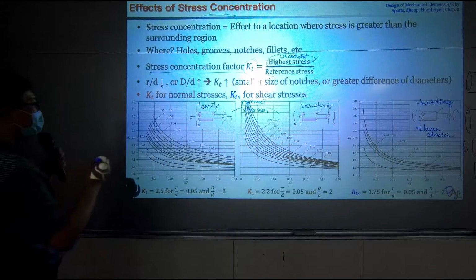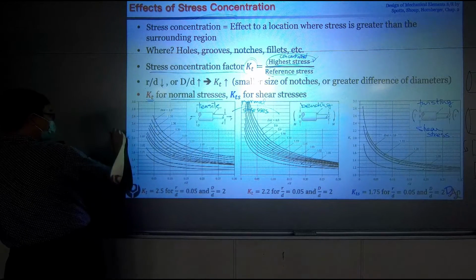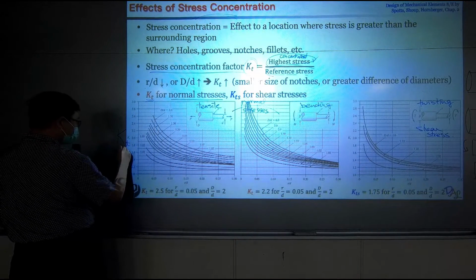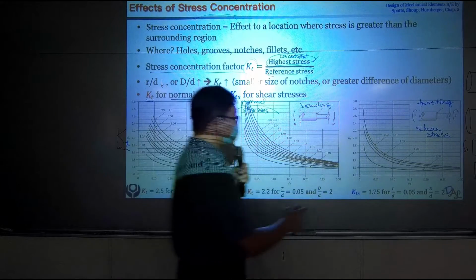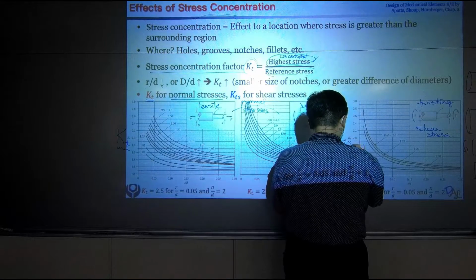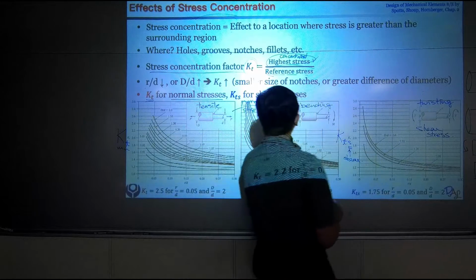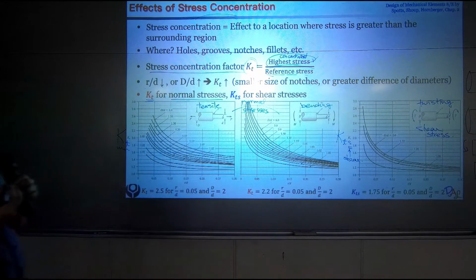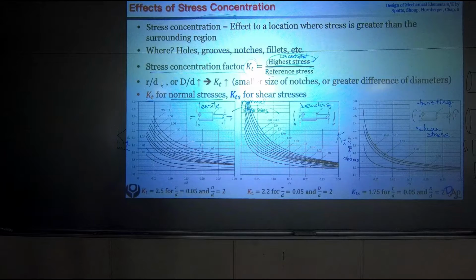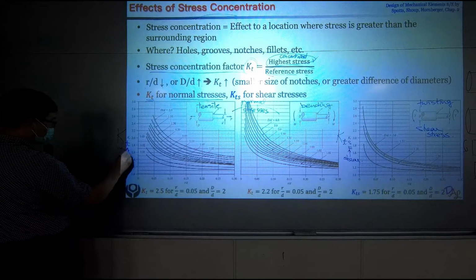So usually when we have normal stresses, we use the symbol KT, okay? And for the shear cases, we use the symbol KTS. So S represents shear, okay? T represents something else, I will let you know. T represents static load.